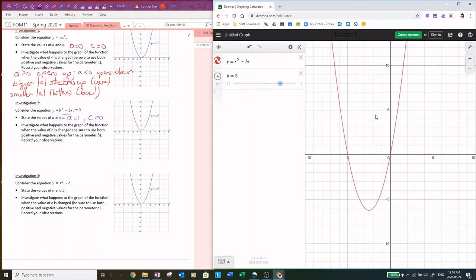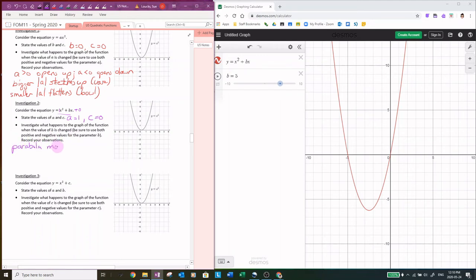So the parabola moves, so one x-intercept equals 0, and the other is -b. Now it's really important, this only works when c equals 0. Okay, which makes this not particularly useful.